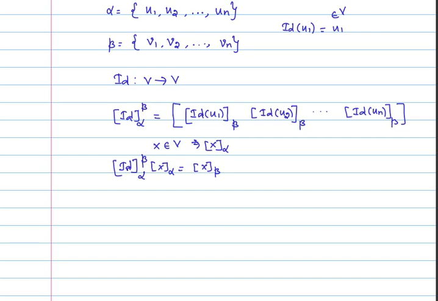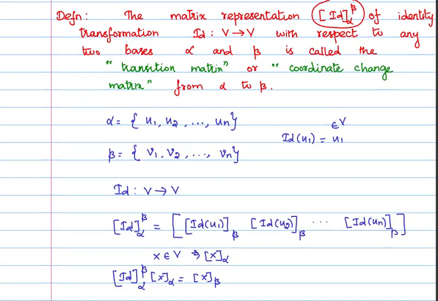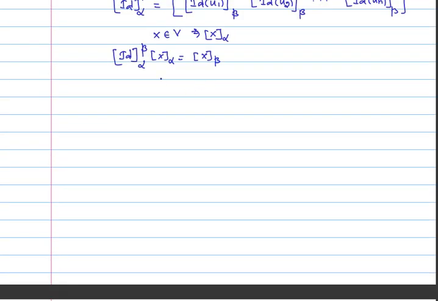That is why we call this matrix the coordinate change matrix from alpha to beta. Suppose you know the coordinate vector of x in alpha, you can get it in beta simply by matrix multiplication. Wherever you see alpha, it means your input basis, and beta means your output basis. That's why we denote it ID alpha to beta.